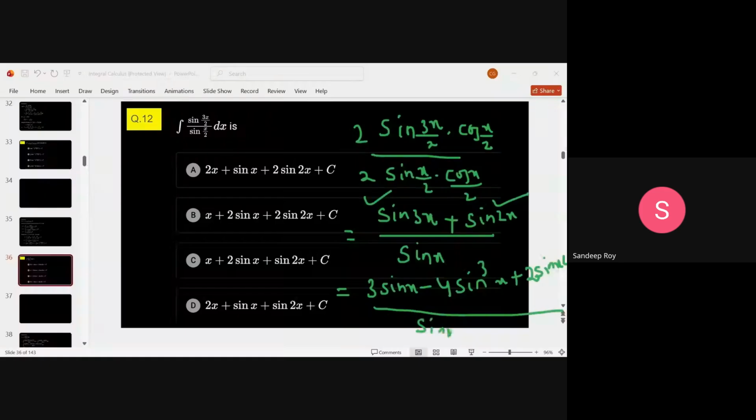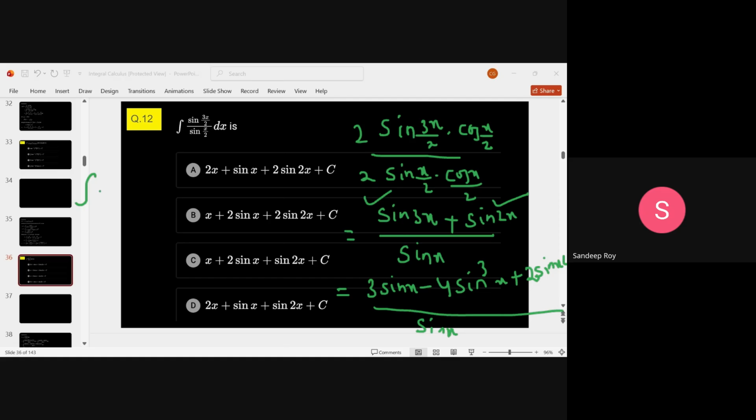So first you divide sine x throughout, with the numerator terms individually. What will we get then? We'll be getting something like 3 minus 4 sine square x plus 2 cos x.